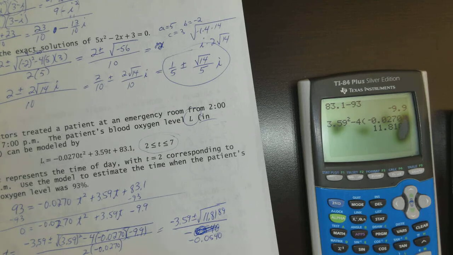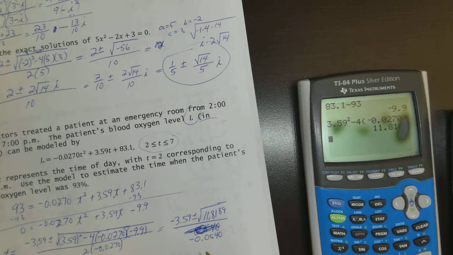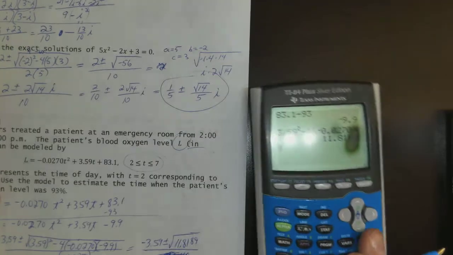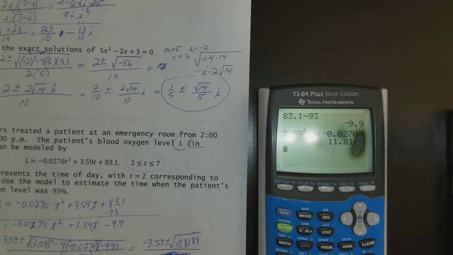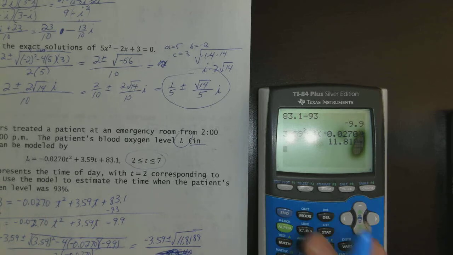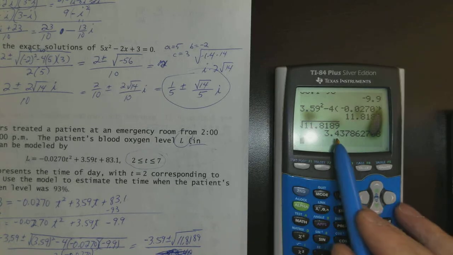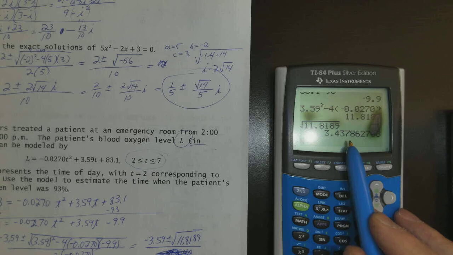So, what is the square root? I'm going to go a few decimals with that. The square root of 11.8189 is about 3.438.